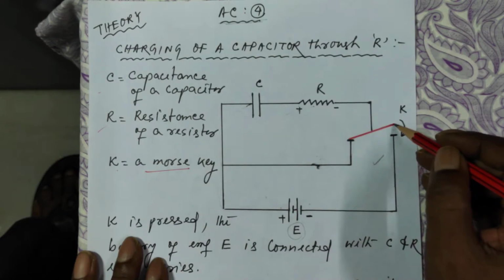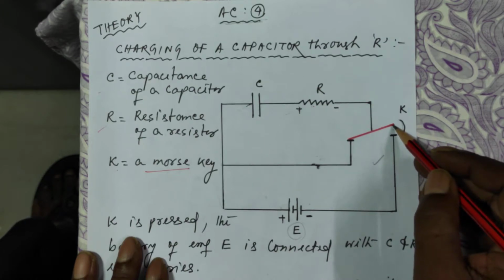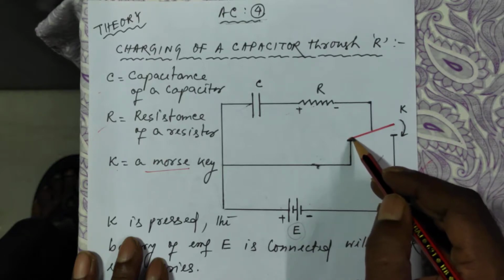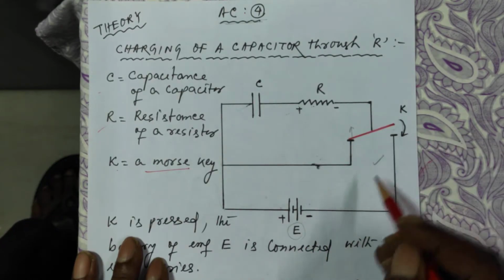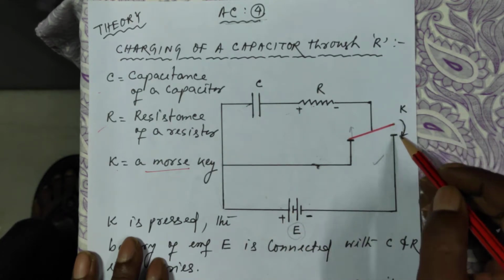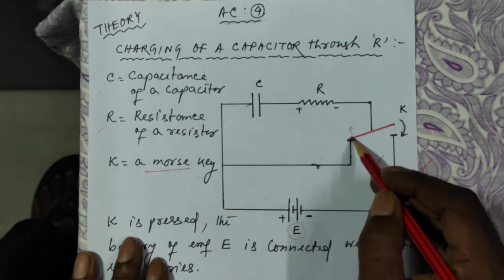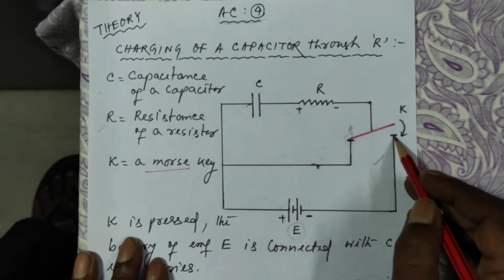Now, when this key is pressed, this point comes to touch this point, and this point is lifted up. So when the key is pressed, now the circuit is complete. Here it gets disconnected and here it gets connected.